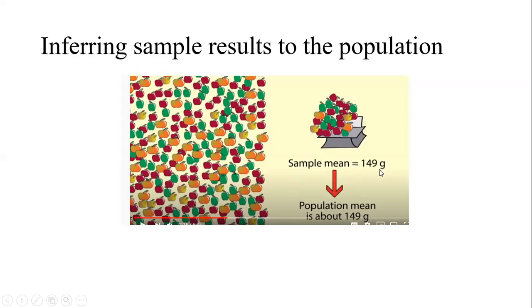So we can conclude that the population mean also is about 149 grams. We can't exactly say the mean weight of one apple of this apple garden is 149 grams, but it is about 149 grams. So that is how we infer or generalize our sample results to a population.